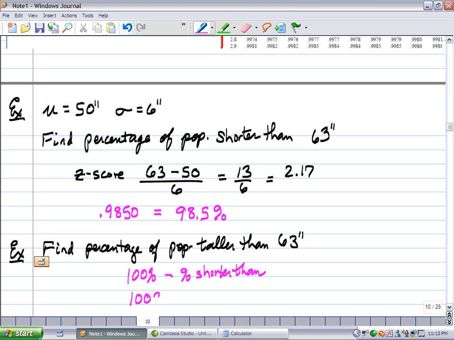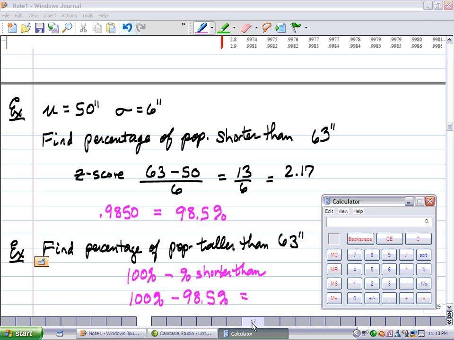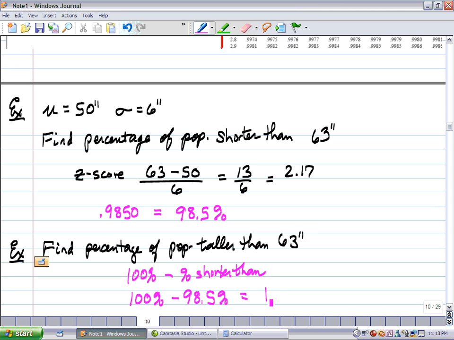So in this case, 100% minus 98.5%, that's 1.5%. So shorter than, you read right from the chart. Taller than or greater than, you do 100% minus what's in the chart.